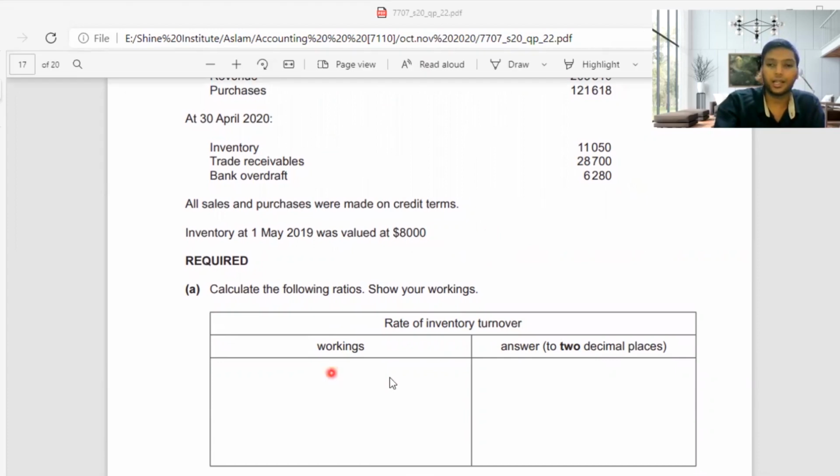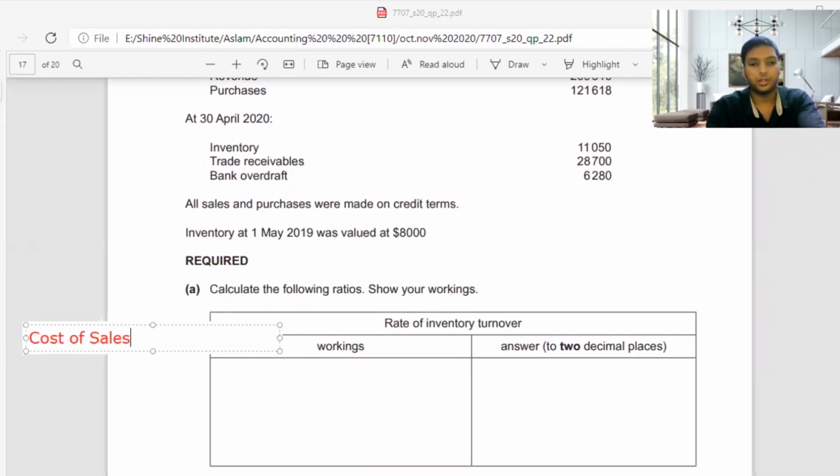Now let's calculate the inventory turnover ratio. Before we move on, I'll remind you of the formula of inventory turnover ratio. It says cost of sales divided by average inventory. How do we calculate average inventory? Easy.